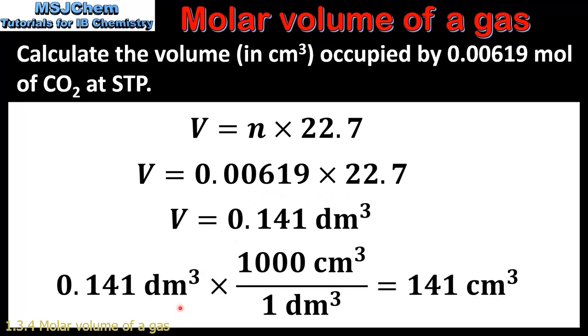Because the question is asking for the volume in centimeters cubed, the final step is to convert from decimeters cubed to centimeters cubed. 1 decimeter cubed is equal to 1000 centimeters cubed, so we multiply this volume in decimeters cubed by 1000, and this gives a volume of 141 centimeters cubed of carbon dioxide.